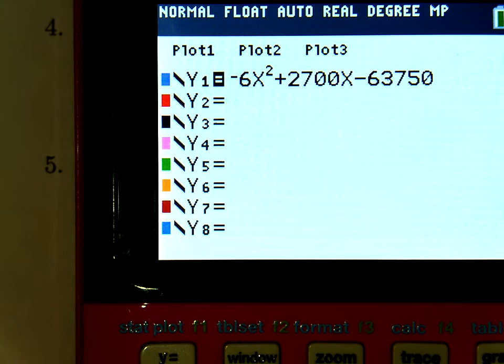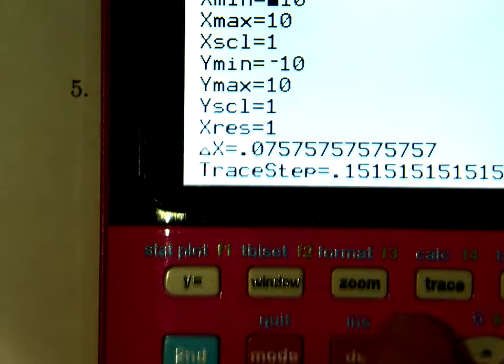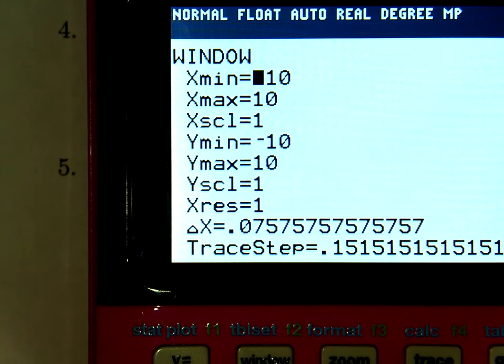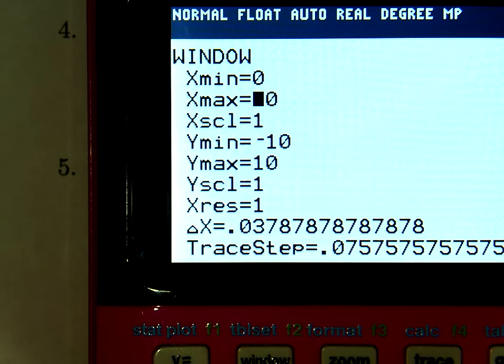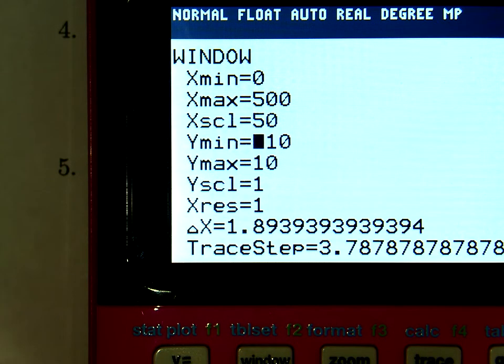And it seems to me, maybe I'll use the window that they did on this graph. It looks like their x's went from 0 to 500. So I'm going to hit window right here. X minimum, 0. X maximum, 500. The X scale, they counted by 50s. Got it.